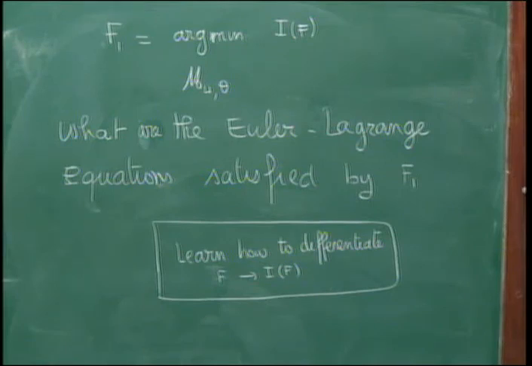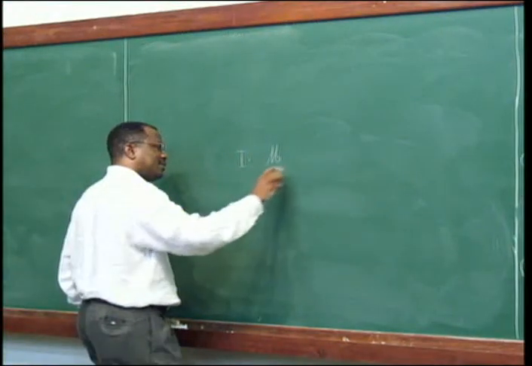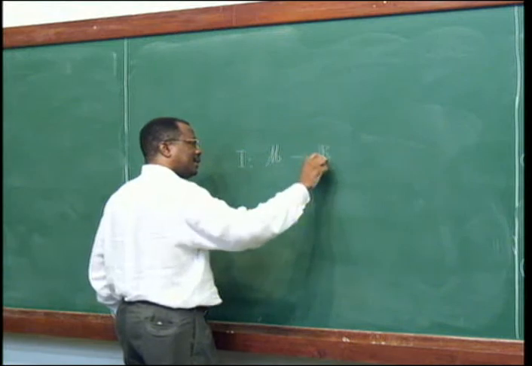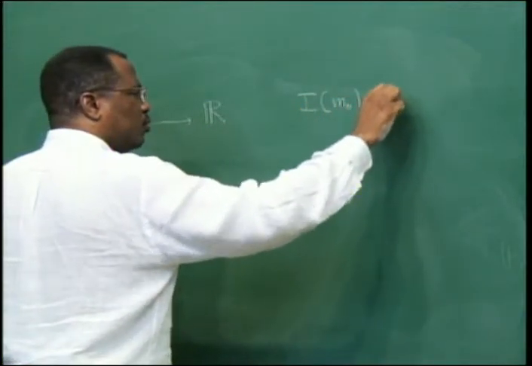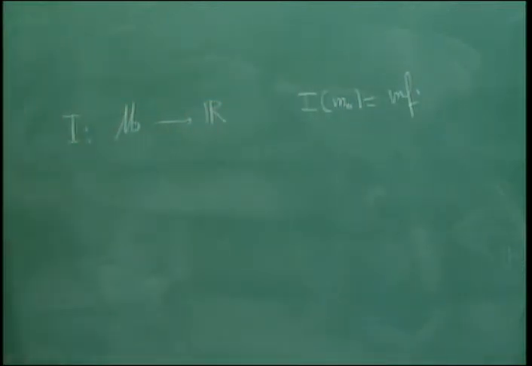So let us look from a very purely abstract point of view. Assume I give you a manifold M. I give you a function I from M to R, and I of M naught equals the infimum. So when I want to differentiate my function, if I can differentiate my function I, then the differential will be 0 at M naught.